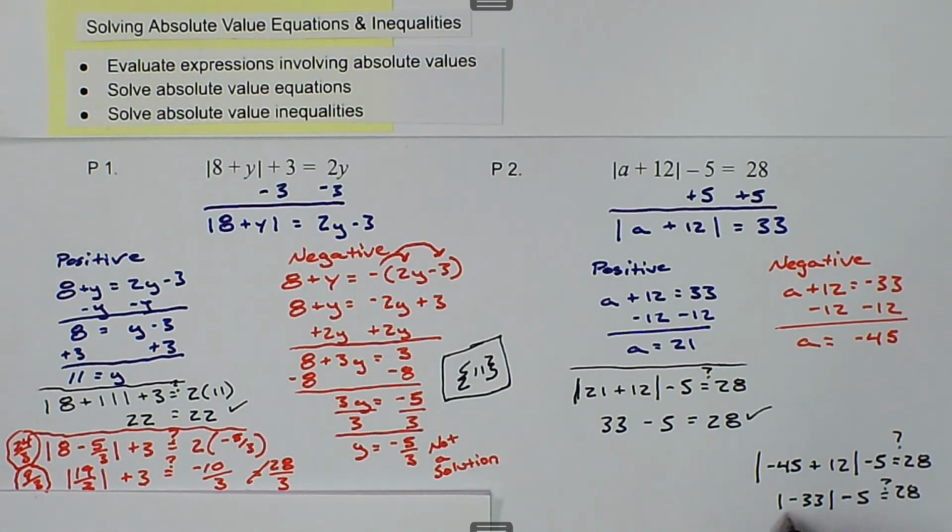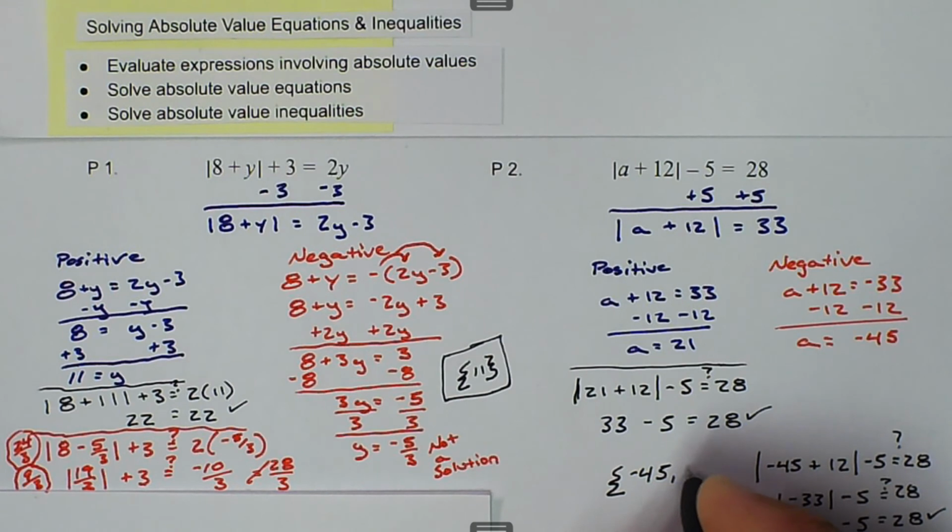And then the absolute value of negative 33 is 33, minus 5, and that is equal to 28. So those are both solutions. So our solution set is the set of negative 45 and 21.